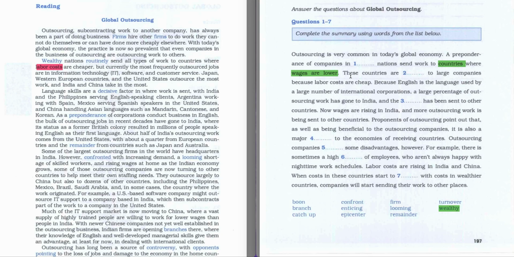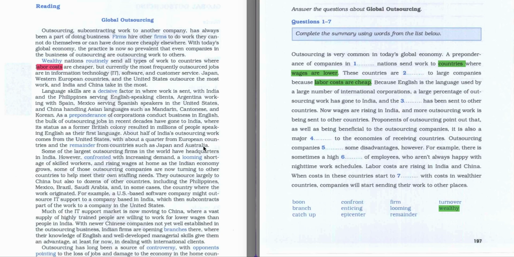We go further. Let's see the following sentence. These countries are something to large companies because labor costs are cheap. They were just saying about labor cost is cheap.